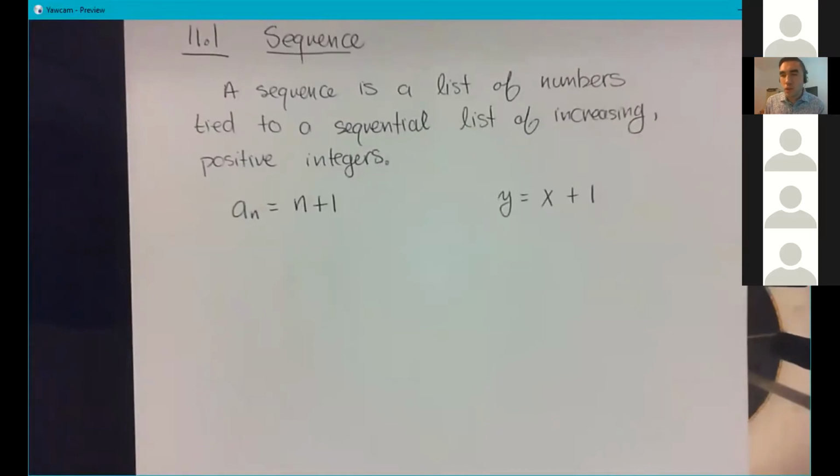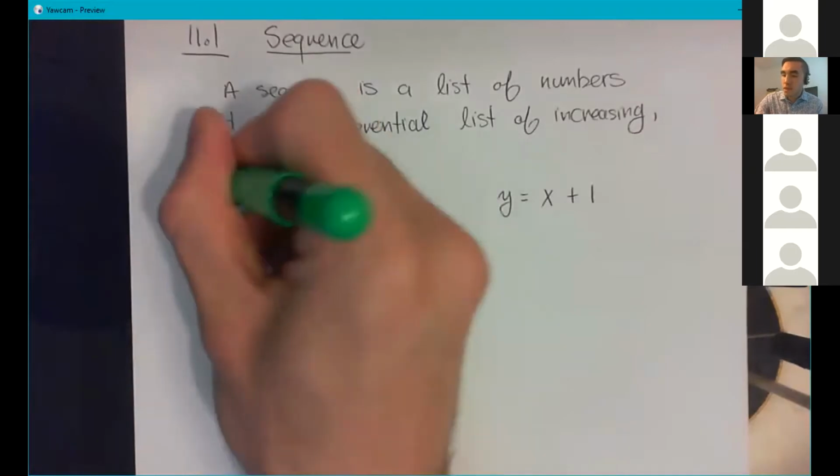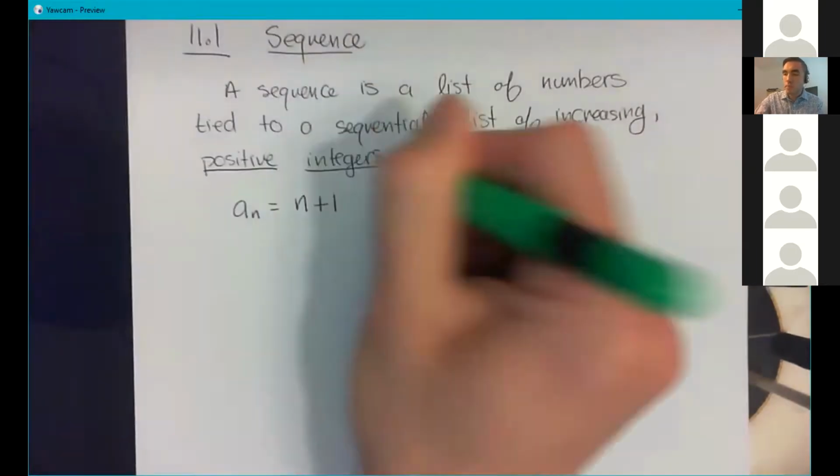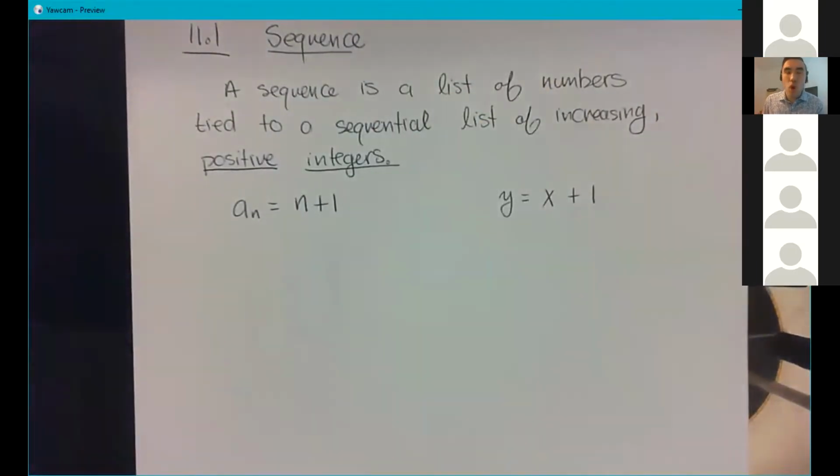Now, let's do a quick compare and contrast here between these two objects, because while they seem identical, the only difference would be like a change in variable. We have to respect this feature, the positive integers part of the notion of a sequence.